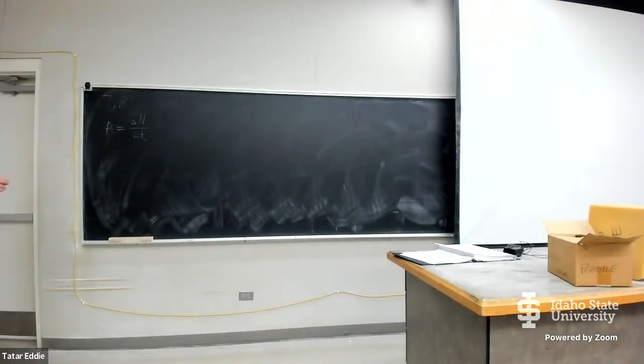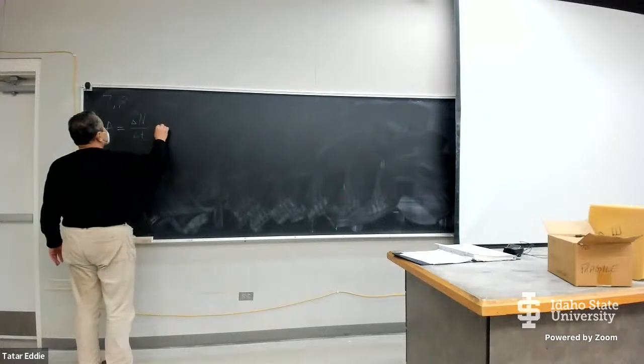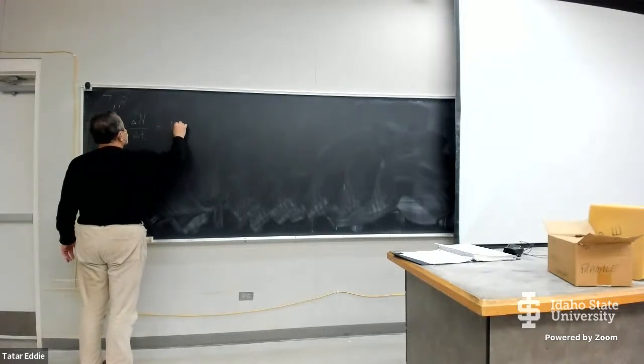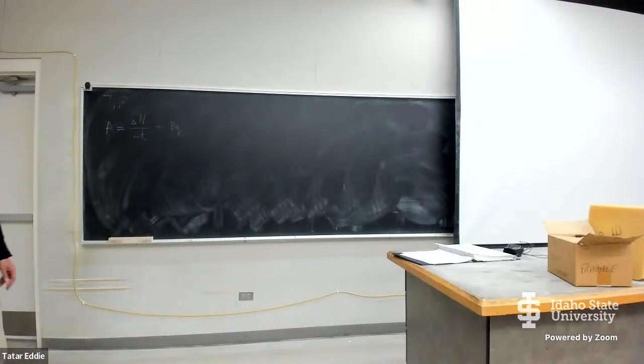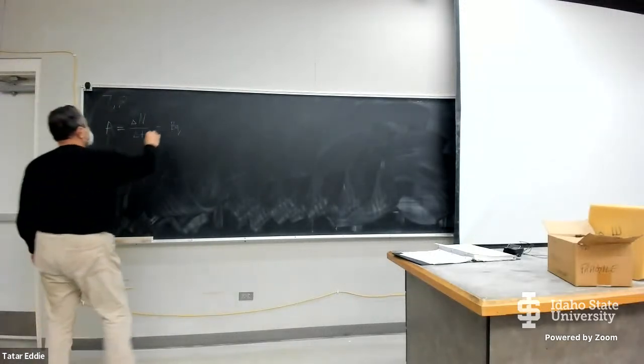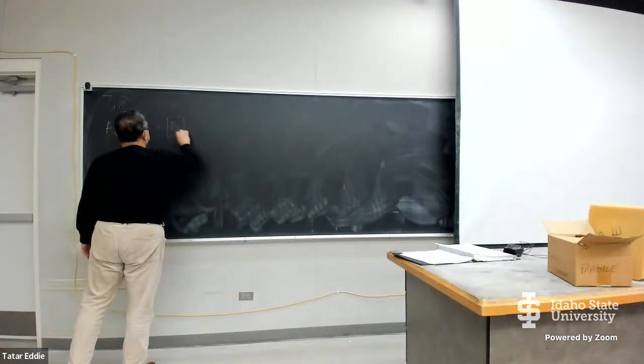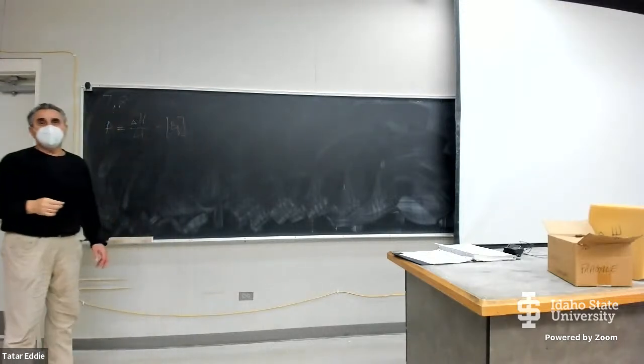The SI unit for activity is the becquerel. 1 becquerel is 1 disintegration per second. But you have a number of alternative units that are in use.